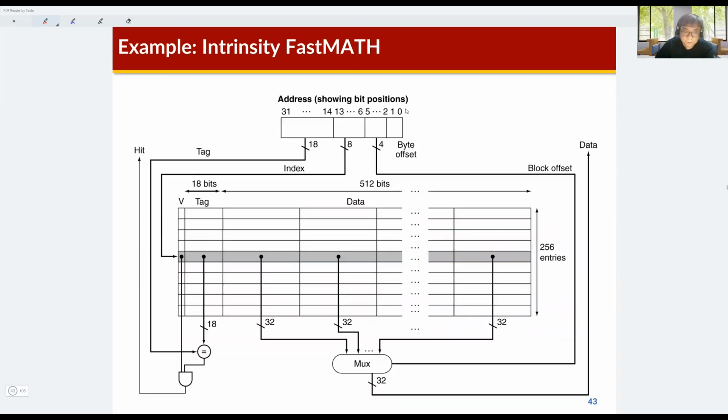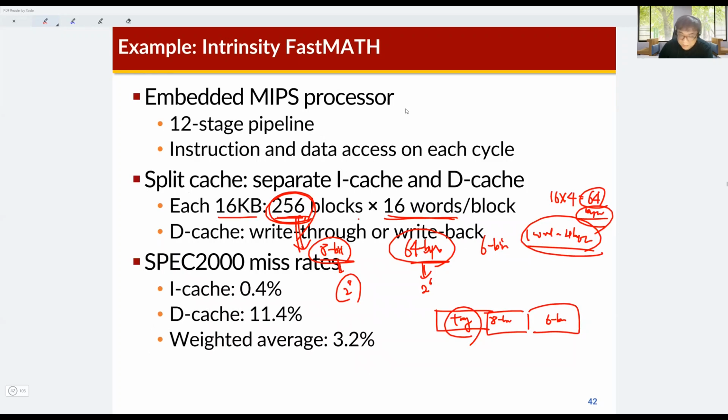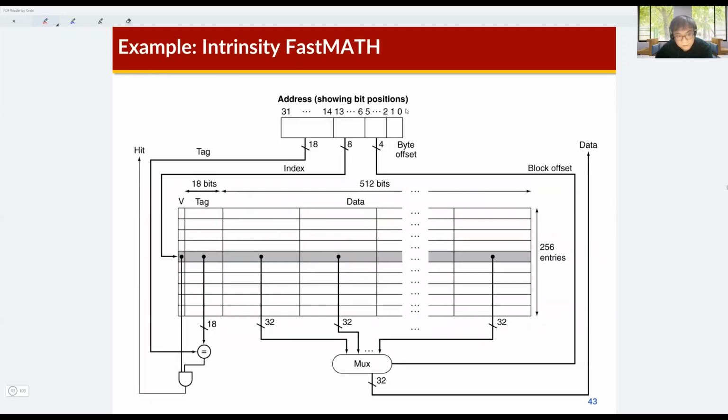We are learning about 64-bit processors, but this Intrinsity FastMATH processor is a very old processor, so this address field is 32 bits. This is the tag, this is the index.